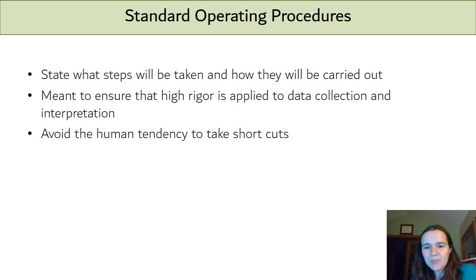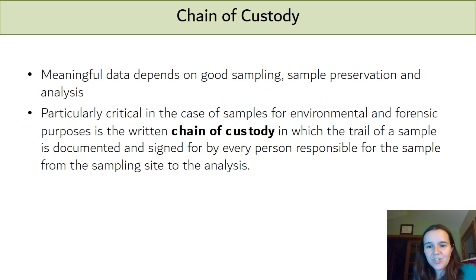Standard operating procedures. Most methods, once they're developed, have specific steps on how to take them through and carry them out. If you're supposed to be using a standard operating procedure, follow it exactly. People put a lot of time and thought into these, and they're designed to prevent you from cutting corners and therefore introducing mistakes. There's also chain of custody.